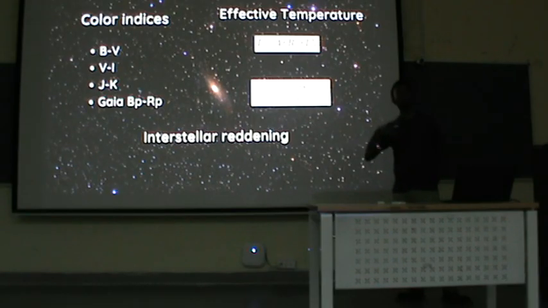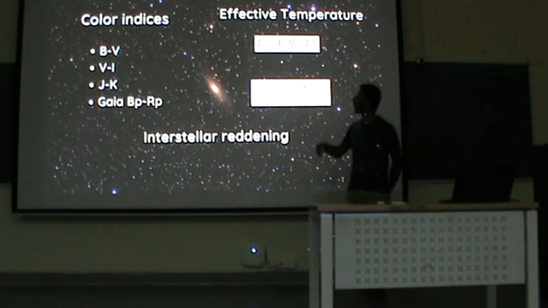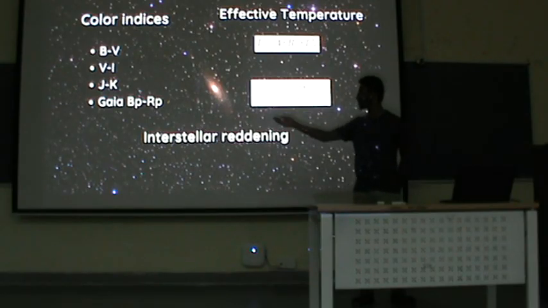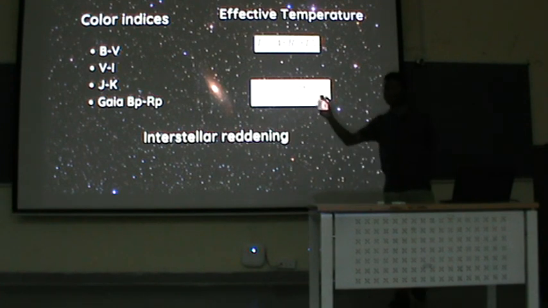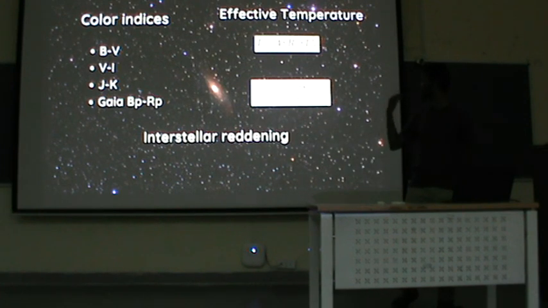So by studying with photometric analysis, you can know what kind of dust or gases is there in front of the object, or how much light it is absorbing. That you can do, and it is called interstellar radiation.